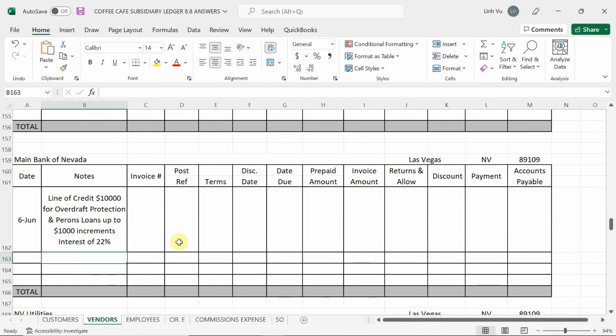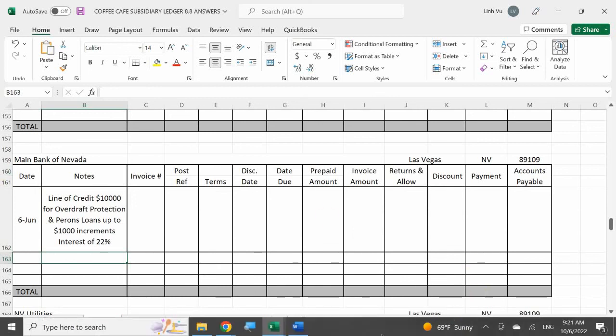Post reference, we never journalized it, so in this case, there's no post reference, right? Because we haven't overdrafted, we haven't received a bill from Maine Bank of Nevada to let us know. We never received a bill because all we did was get approved. Okay.